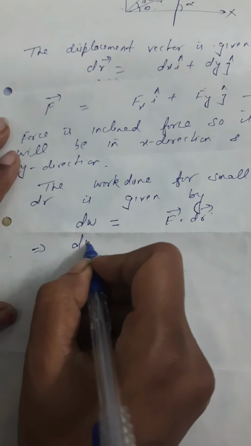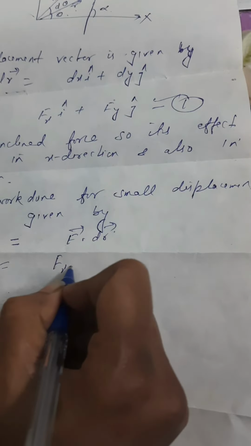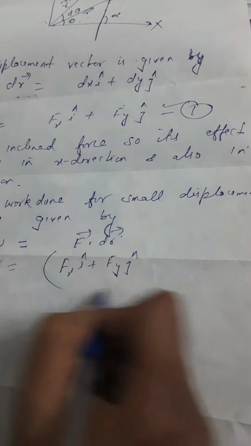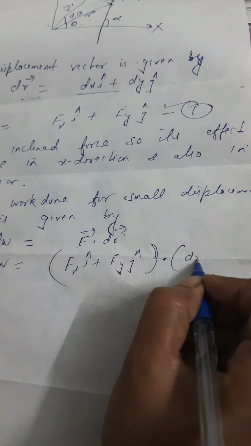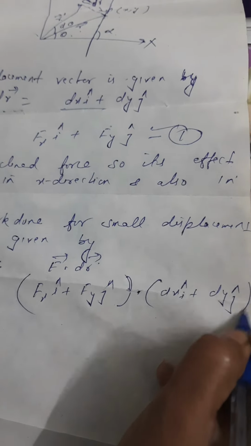Then what is F? F is Fx i cap plus Fy j cap. And dr is dx i cap plus dy j cap.